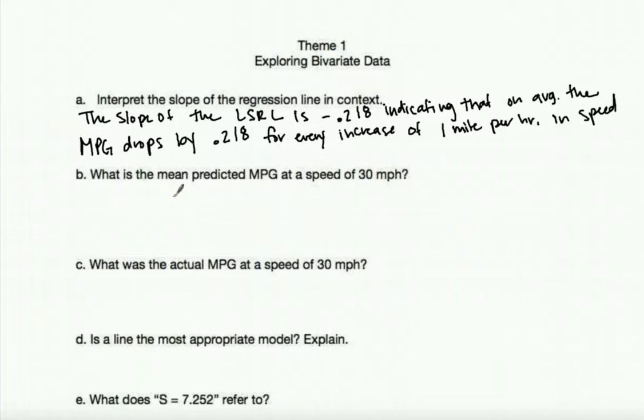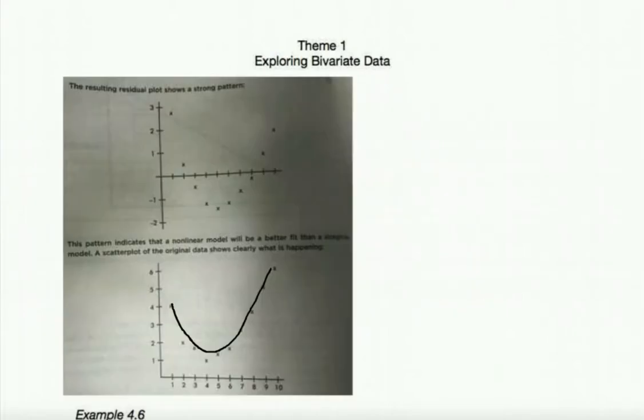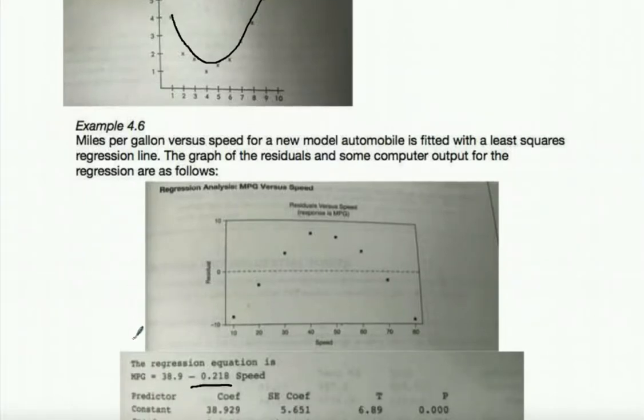Okay, so B says, what is the mean predicted miles per gallon at a speed of 30? To do that, we would go back and check out what our entire equation was. Our miles per gallon was equal to 38.9 minus 0.218 times our speed. This time, remember, we're plugging in for our speed 30 miles per hour.